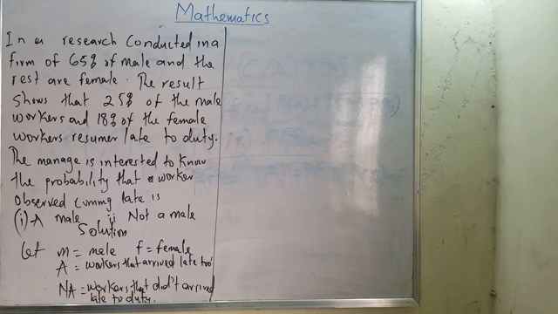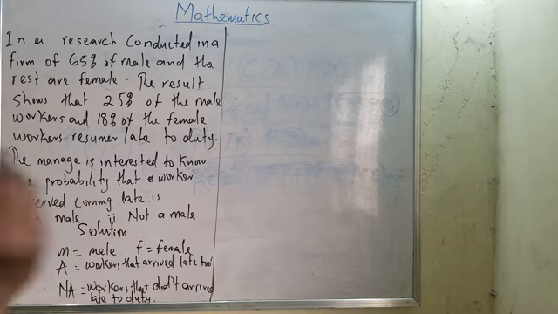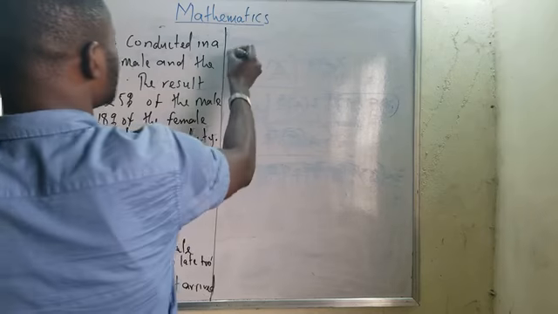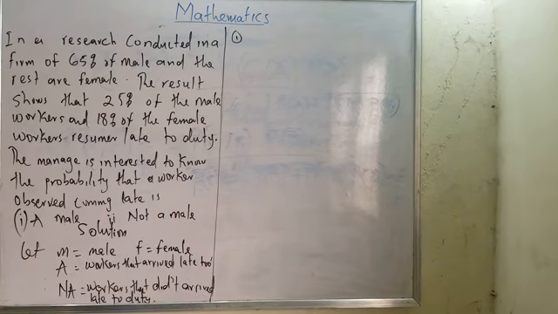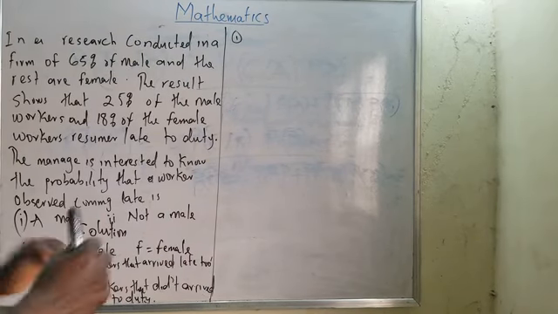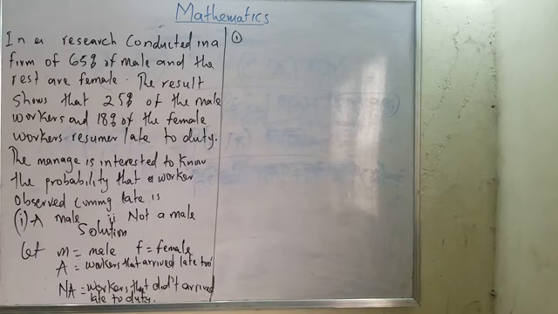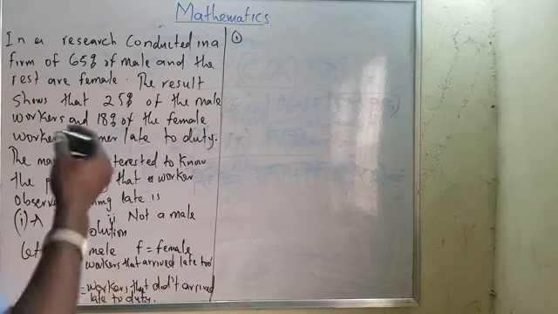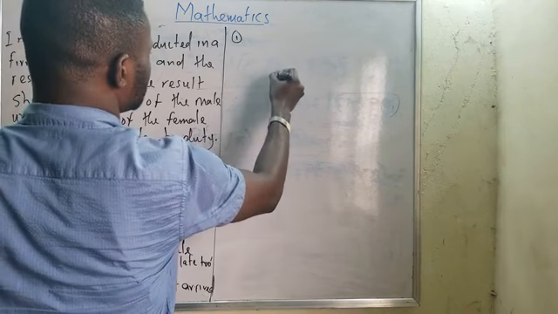Now, this time around, let me make use of a tree diagram, which is very good for this. If I want to find the probability of a male who comes late to work, let me first draw my tree diagram.